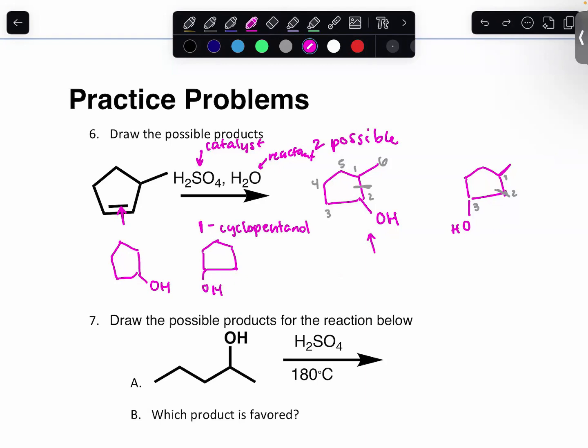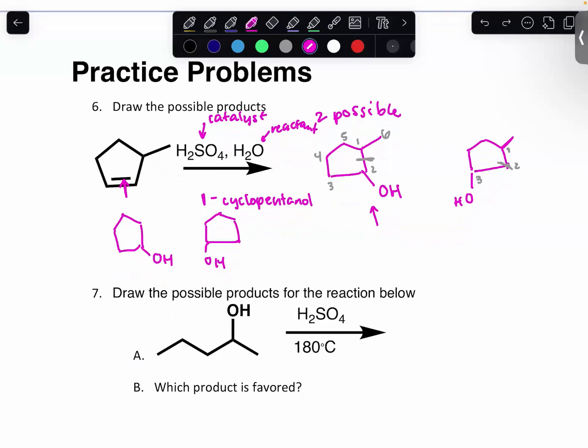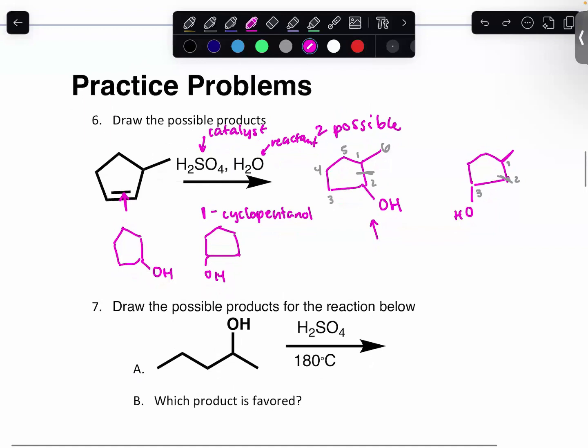Is this like simple hydrolysis? I would call this a hydroxylation. Hydrolysis is usually using water to split something, whereas this is adding a hydroxy.